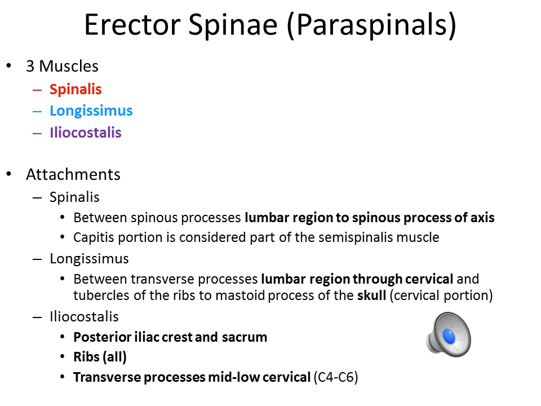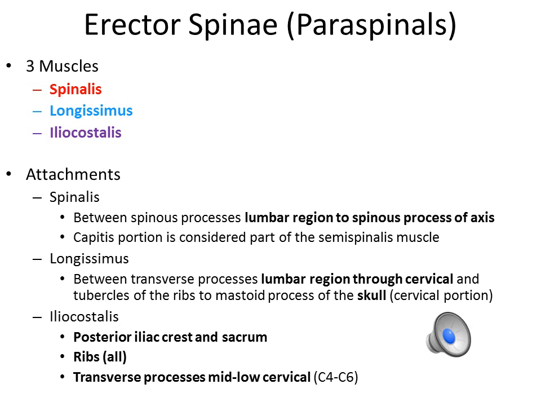The attachments of spinalis are between the spinous processes of the lumbar region all the way through the spinous processes of C2. The capitis portion, or the cervical portion, of spinalis is actually considered part of the semispinalis muscle. The semispinalis is one of the 4 transversospinae muscles that we will cover shortly.